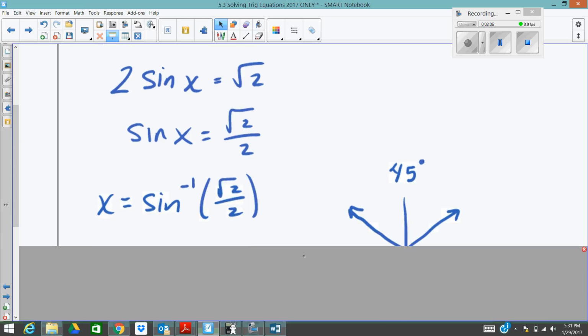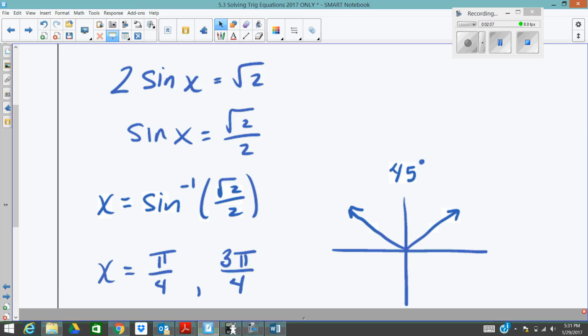We make our quadrants, and sine is positive in quadrants 1 and 2. All students take calculus, so sine's positive in quadrants 1 and 2. So if you make your triangle, we have a square root of 2 over 2.